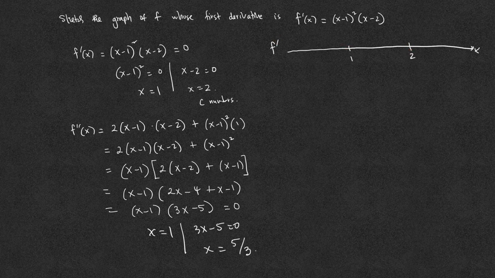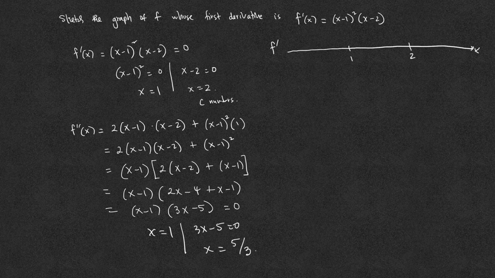We then test the sign of f prime in each of these subintervals by picking any test point in each of the subintervals. From negative infinity to 1, we might pick 0, and we plug 0 into the first derivative. We see that (0 minus 1) squared is always positive, and 0 minus 2 is negative.